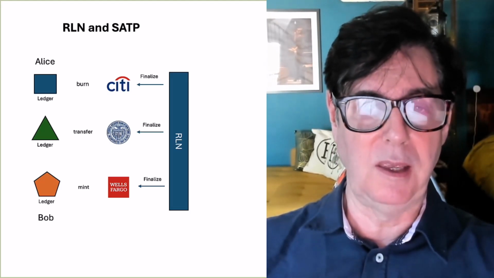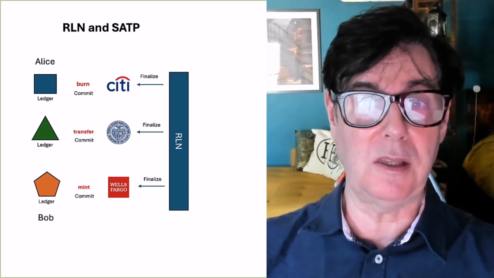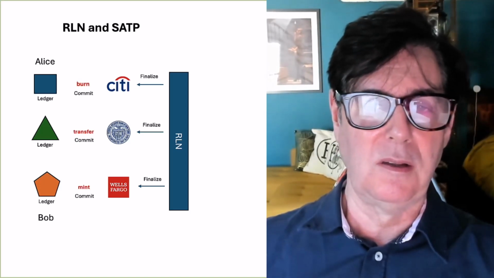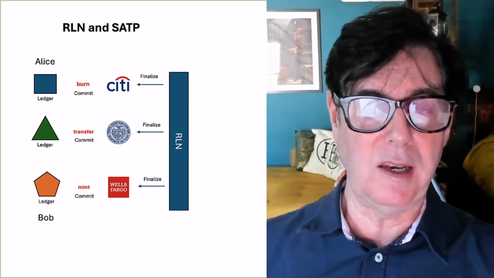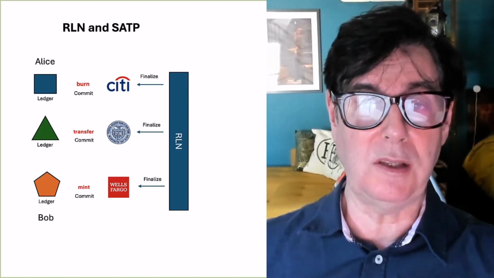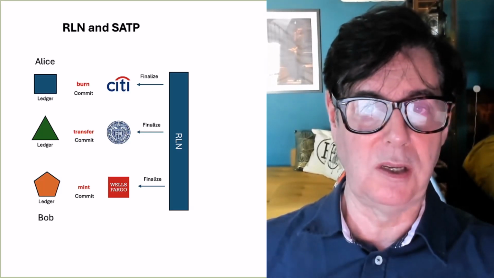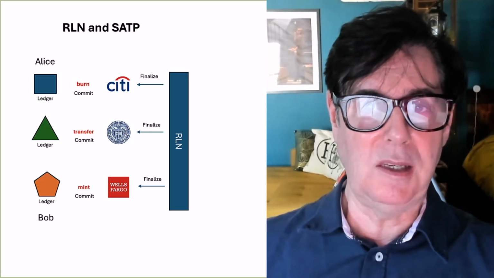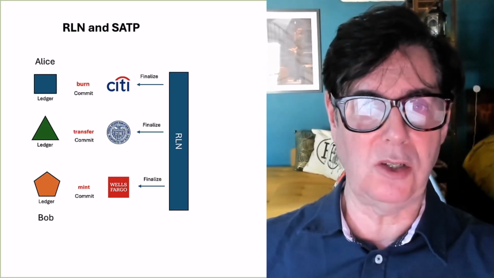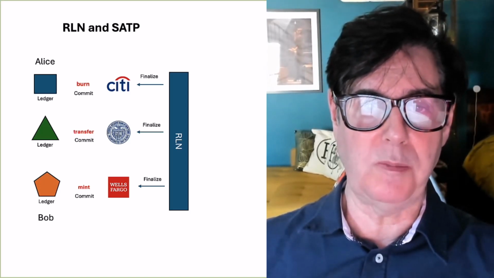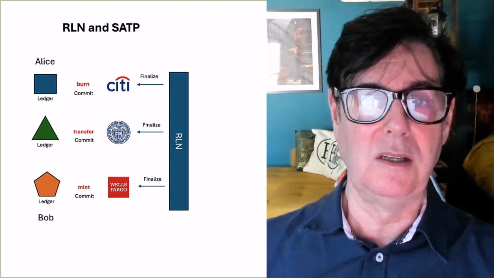And finally, each participant updates their private ledger. The purpose of the RLN in this example is to orchestrate the transaction and to communicate with the various ledger owners. The detail is in what is in those messages to give the participants the confidence to act together to achieve a transaction.